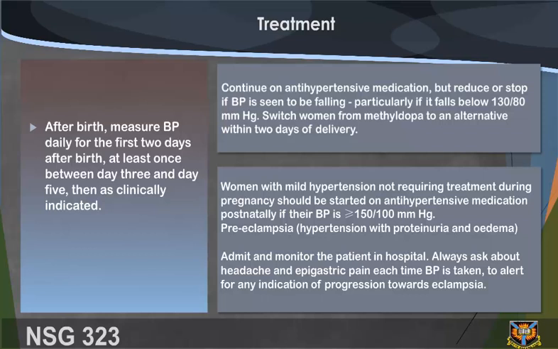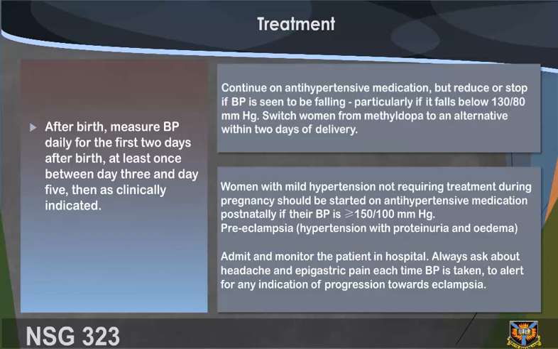Switch women from methyldopa to an alternative within 2 days of delivery. Women with mild hypertension not requiring treatment during pregnancy should be started on antihypertensive medication postnatally if their BP is greater than 150/100 mmHg.